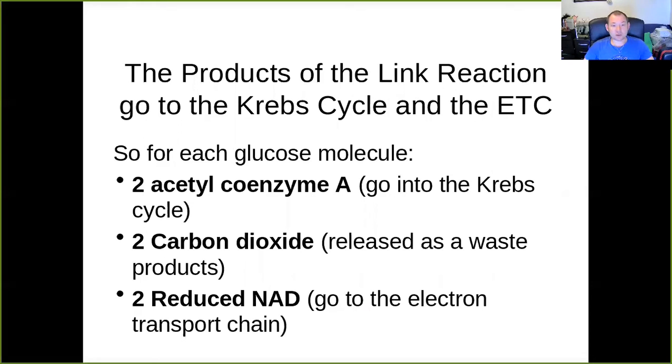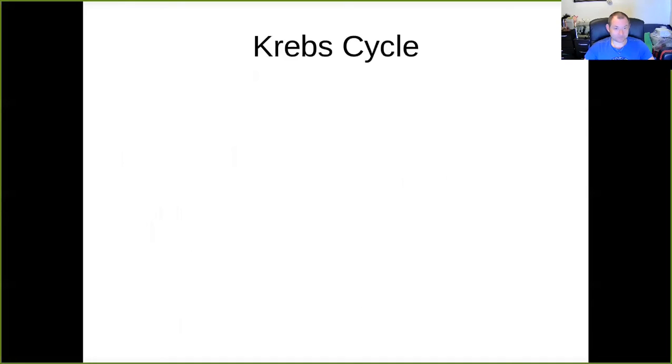The products of the link reaction go to the Krebs cycle and the electron transport chain. So for each glucose molecule, 2 acetyl coenzyme A go into the Krebs cycle, 2 carbon dioxide are released as waste products, and 2 reduced NAD go to the electron transport chain of the mitochondria.